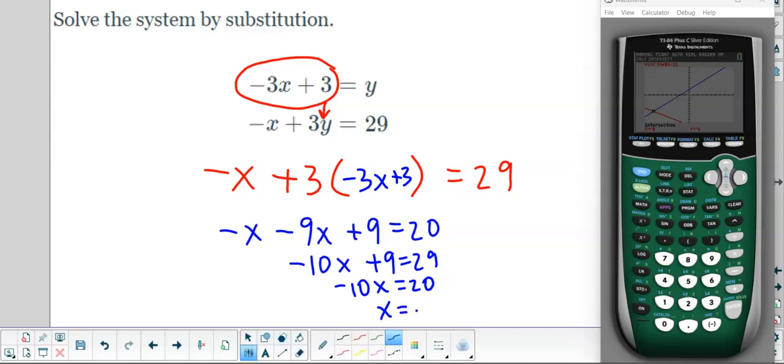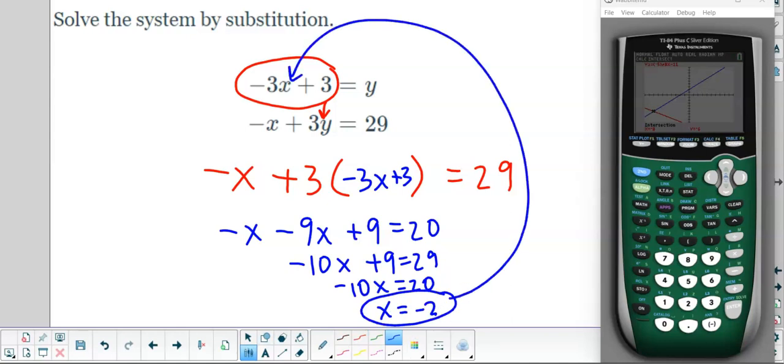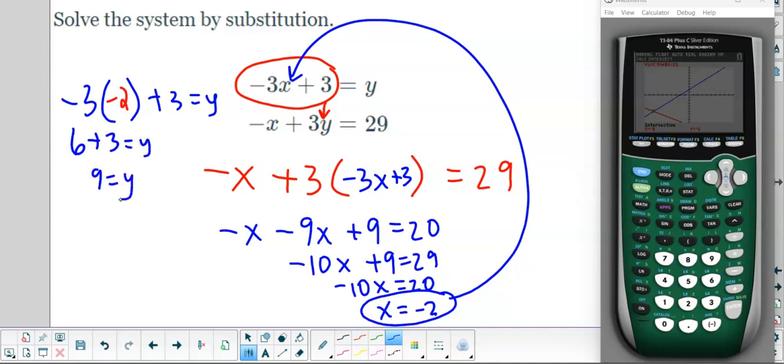Right? X is -2. Now I'm going to take this value and substitute it in for this letter. So -3, erase and replace. The substitute this time is -2. So we have 6 plus 3 equals y, or y is equal to 9.